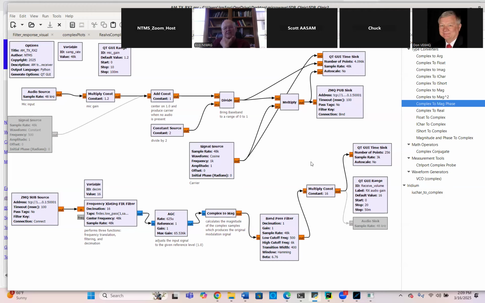Go ahead, Bob. One thing that's fascinating about this is that GNU Radio is kind of a cross between a simulator and a tool that you can use to build these things and actually create a radio or whatever you want to do.